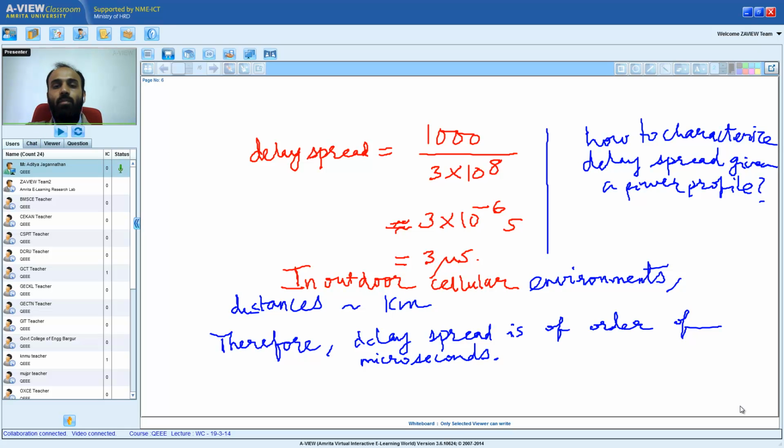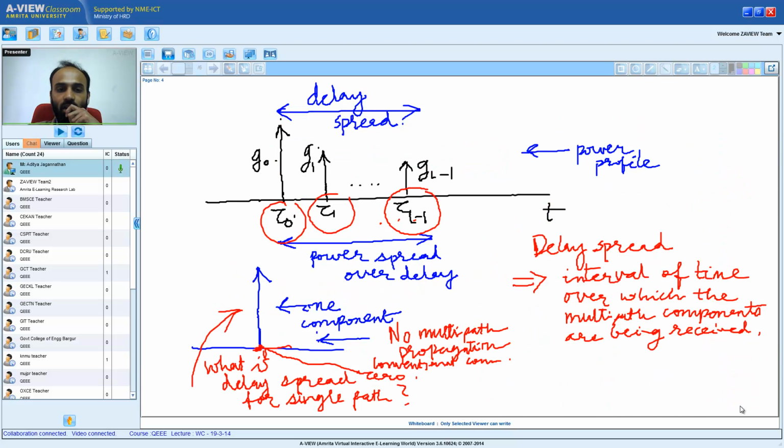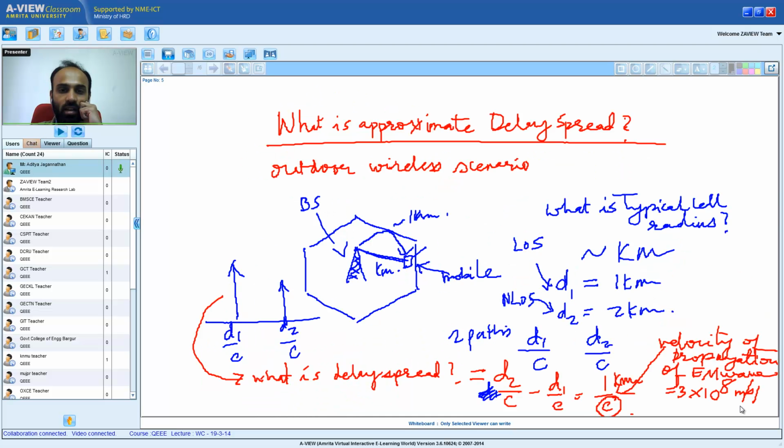That is, given a channel power profile, how does one characterize the delay spread? If we go back to the picture that we have over here, we have a power profile G0, G1 up to GL minus 1. Given such a power profile, how do you characterize the delay spread?